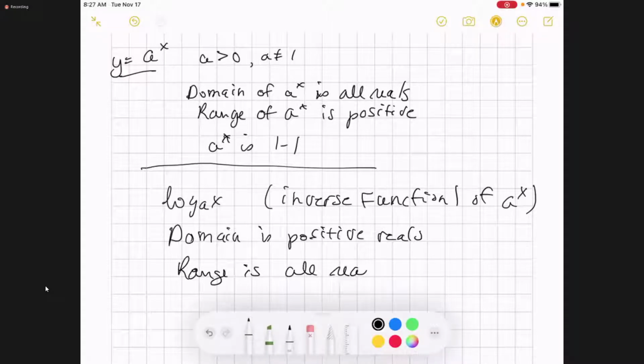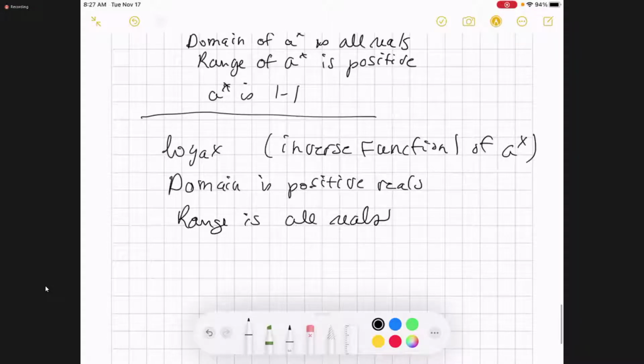The domain and the range of a function and its inverse switch places. And of course, the fact that these functions have inverses means that they're all one-to-one. And again, whether it's increasing or decreasing depends on whether a is bigger than 1 or between 0 and 1.